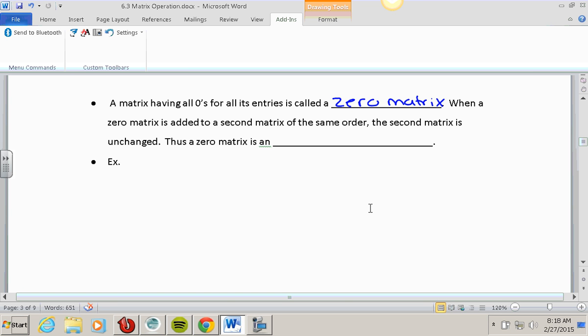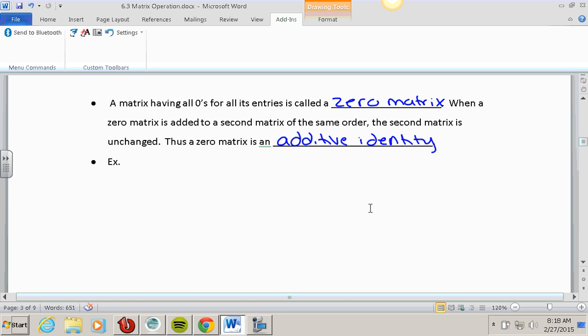When a zero matrix is added to a second matrix of the same order, the second matrix is unchanged. That should make sense. The zero matrix is an additive identity. And again, you add zero to anything, it's not going to change it. Okay? So it's the additive identity.